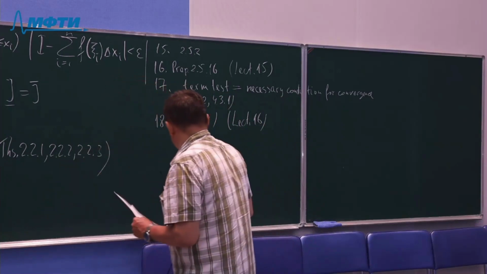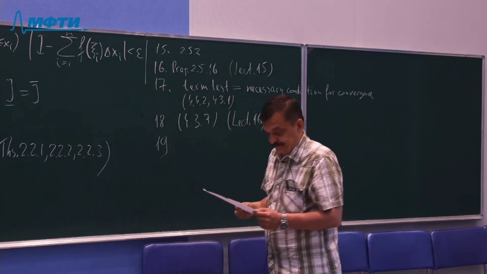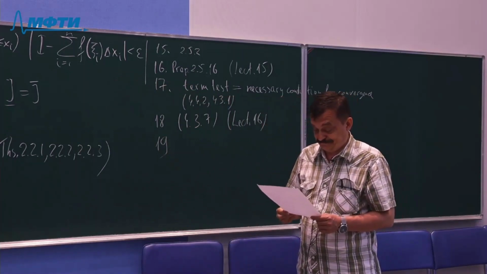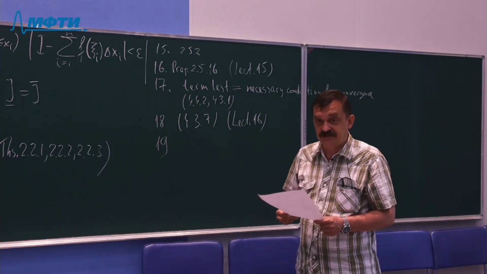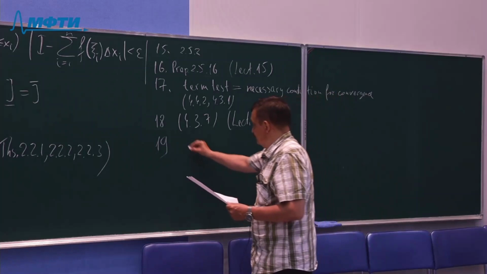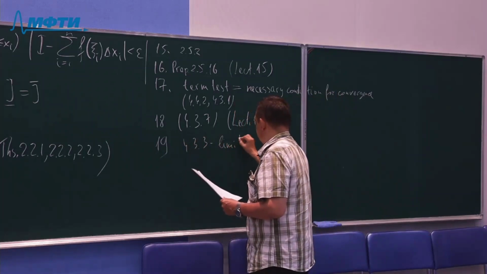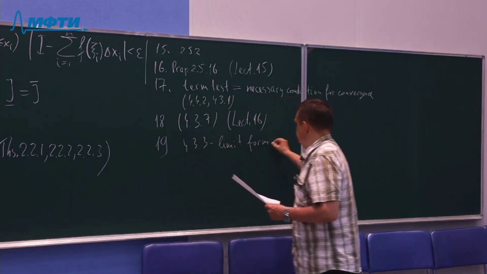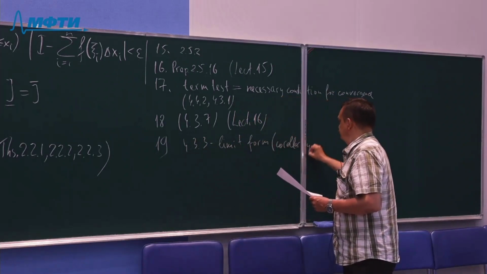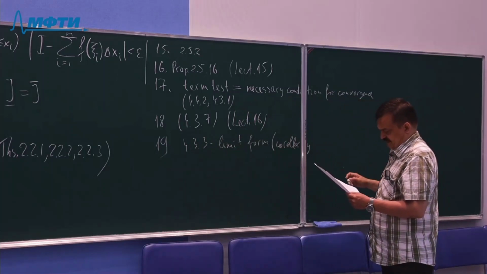Question 19. That is important thing. D'Alembert's test for convergence of series. In your lecture notes, this test is given in a limit form. So 4.3.3 is limit form. Or that is corollary of what was given in lectures.